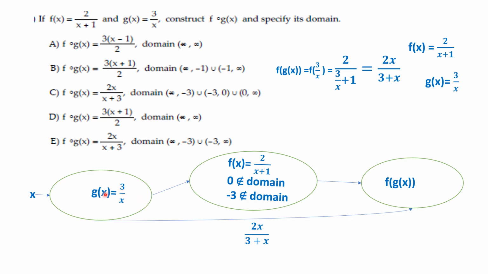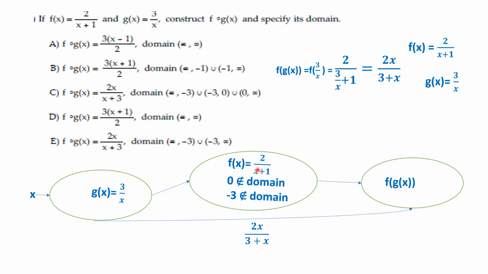That means the domain of g of x should not include 0, because that will give us infinity, and should not include negative 3, because negative 3 will impact f of x. It will give infinity over here.